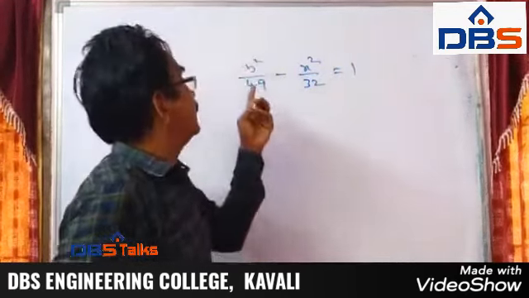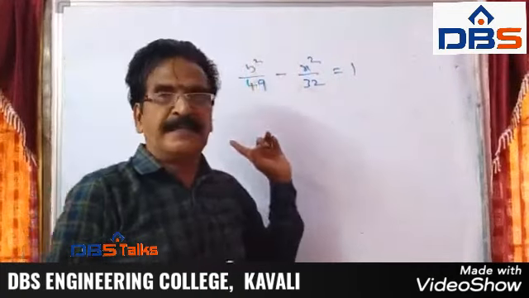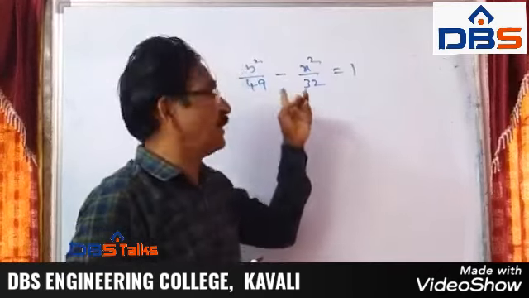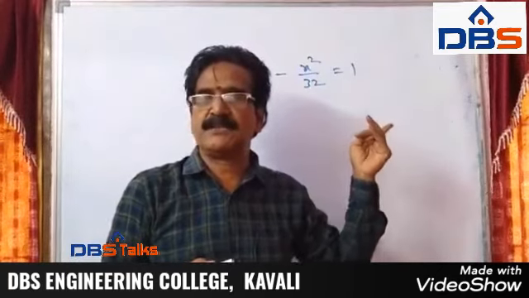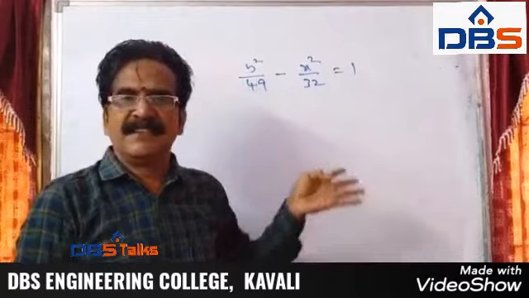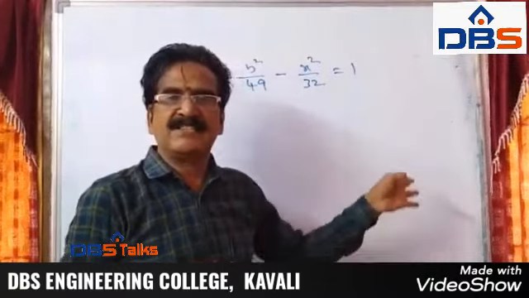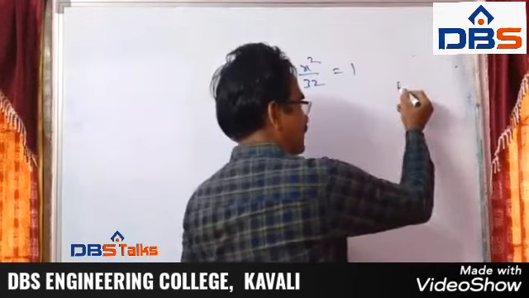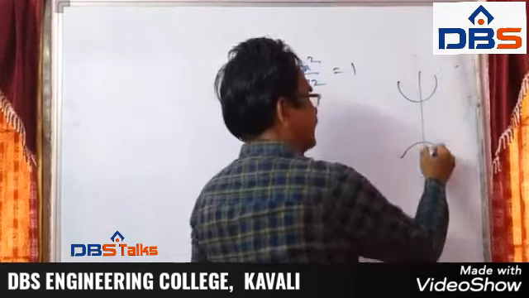This is of the form y square by a square minus x square by b square is equal to 1. This is a vertical hyperbola, that is, the transverse axis is along the y axis.